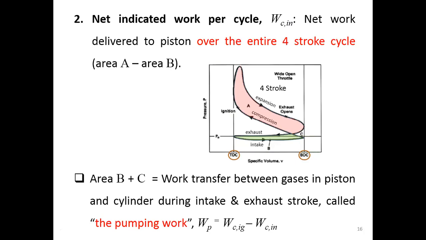So the net indicated work represents the area of the pink color here, shown by the letter A, minus the area shown by the soft green color here, represented by the letter B. This is called the net indicated work per cycle.